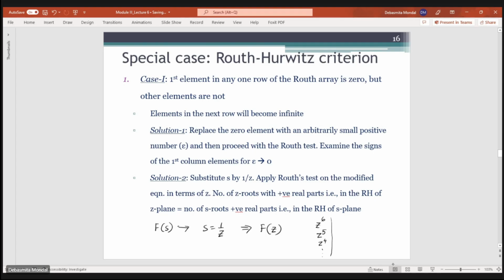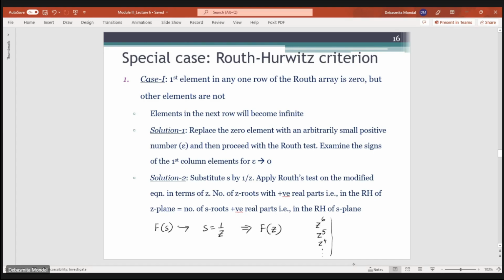If you observe any sign change in the first column, that means there will be some roots of f(z) which have positive real parts, that is, they will lie on the right half of the z-plane.